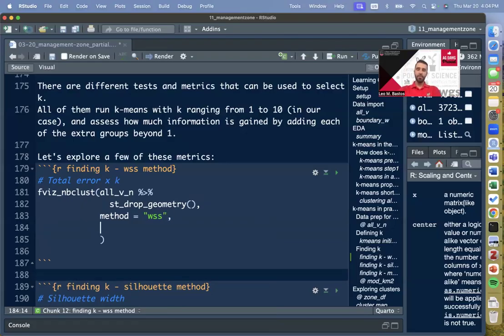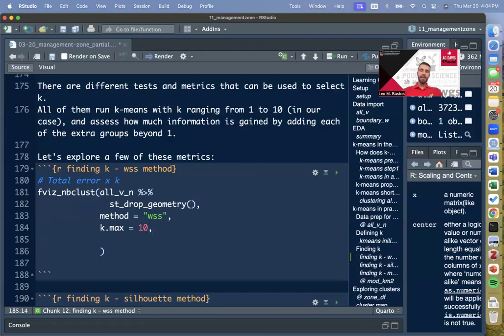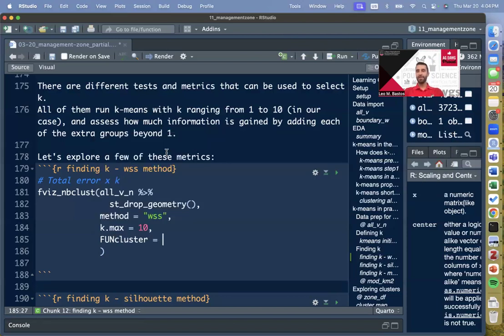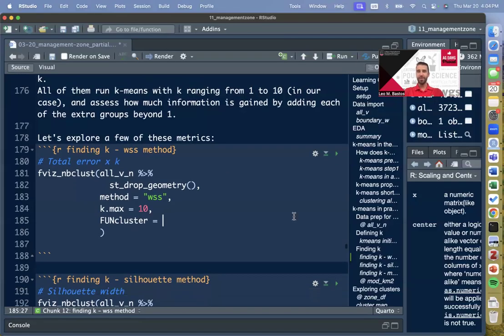It has another argument for k.max. So this is the maximum number of k you want this algorithm to check for you. Again, you can give whatever number you want. I want to give it 10. So it's going to go from 1 to 10 clusters. And then it has this argument FUNcluster, which means the function that is going to be applied to create the clusters, which you just say kmeans.